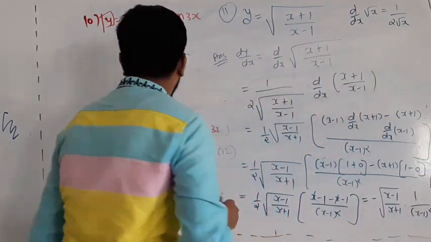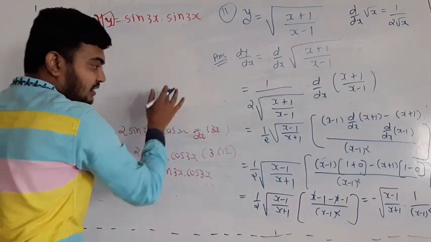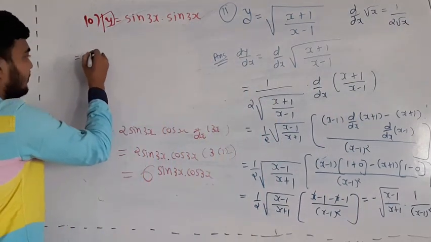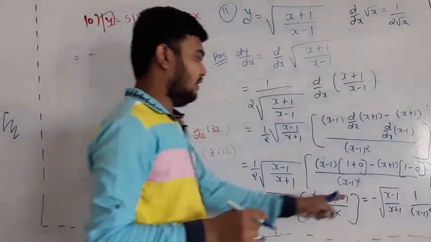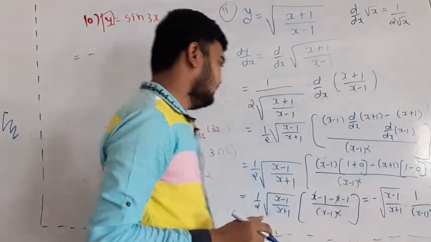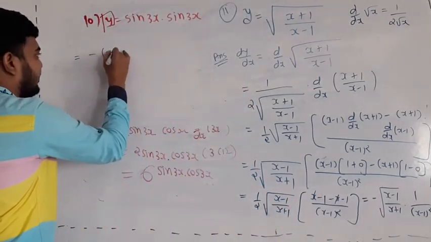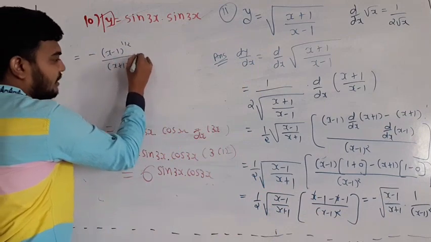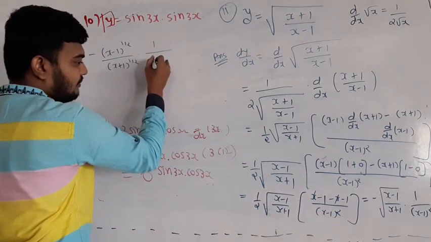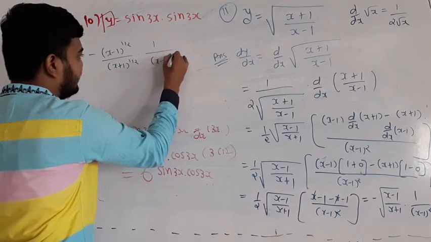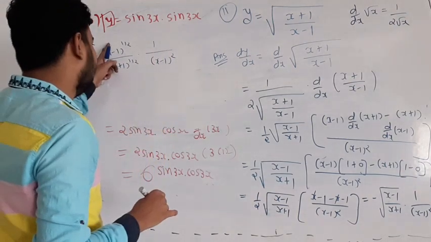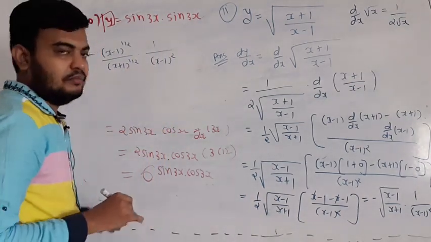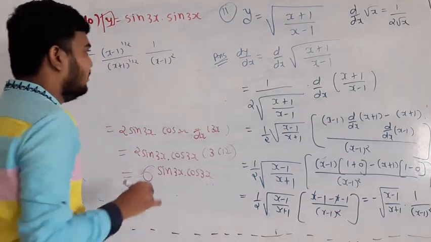Now the square root is given separately: x minus 1 raised to 1 by 2, x plus 1 raised to 1 by 2, into 1 upon x minus 1 square. We know that if the base is the same and in division form, then subtract the powers.